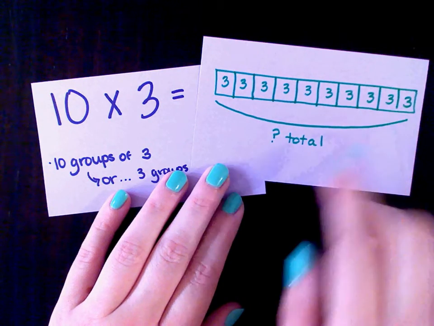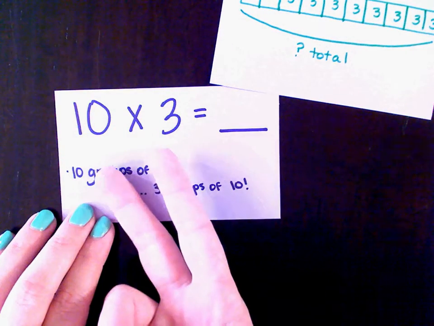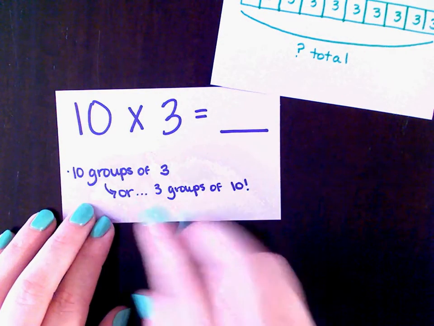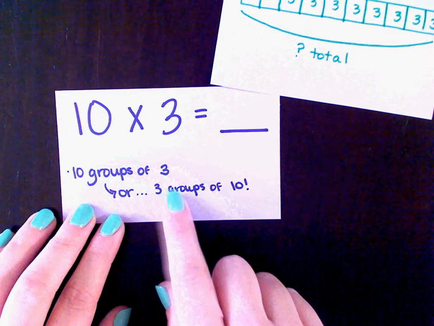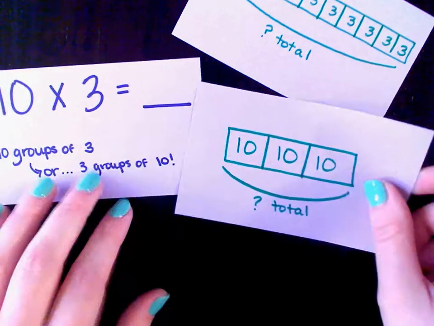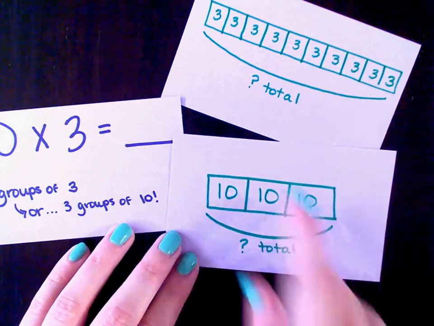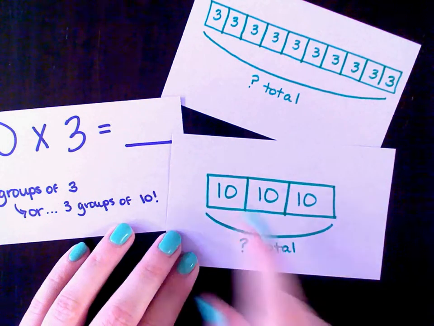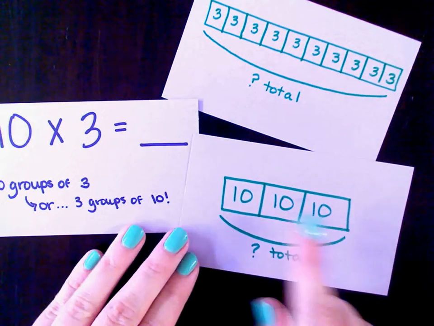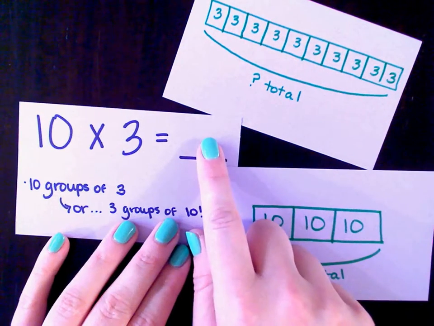But it would be more efficient to trade the factors and switch them to be 3 times 10 or 3 tens, 3 groups of 10, because our scholars can skip count by 10s 3 times much faster than they can skip count by 3's 10 times. It's just more efficient. So they can go 10, 20, 30 to get the answer more efficiently or more quickly.